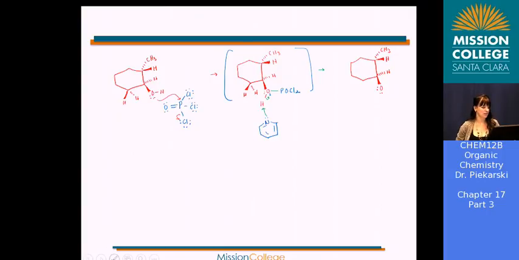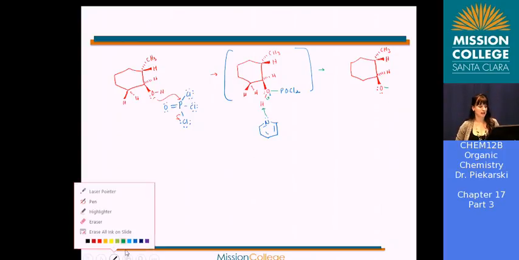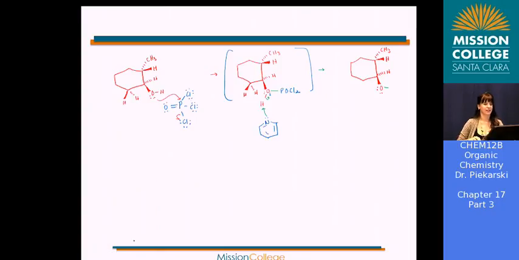Knowing that chemical intuition is going to help you big time. So the more you can practice during lecture, predicting the mechanism before you see me do it, the better off you'll be. The more prepared you'll be, because you've already been practicing and actively learning through it. And if you get it wrong, then you know what to do.